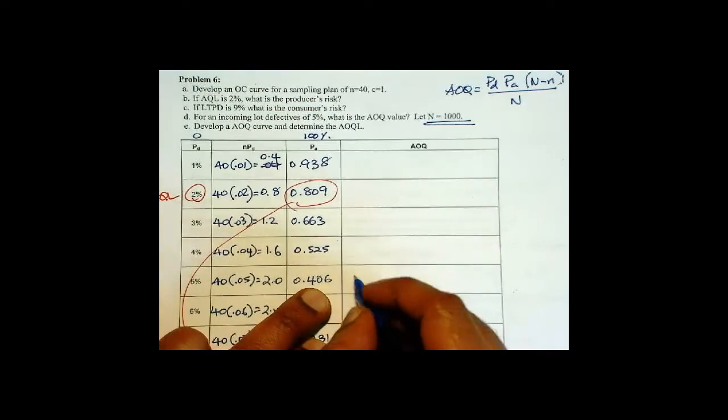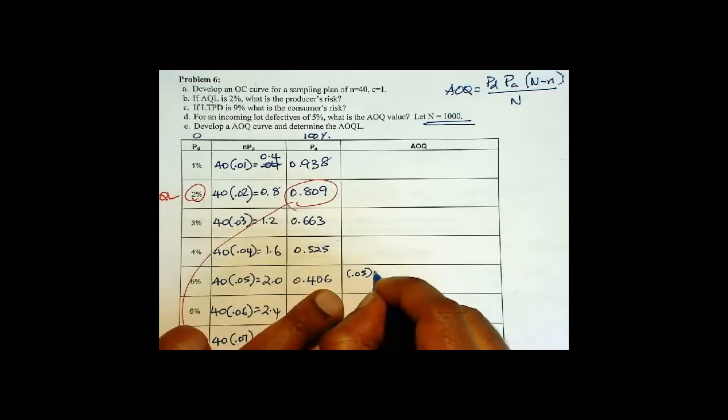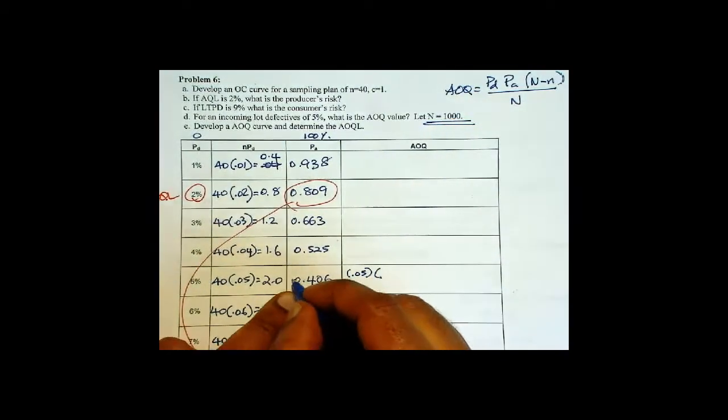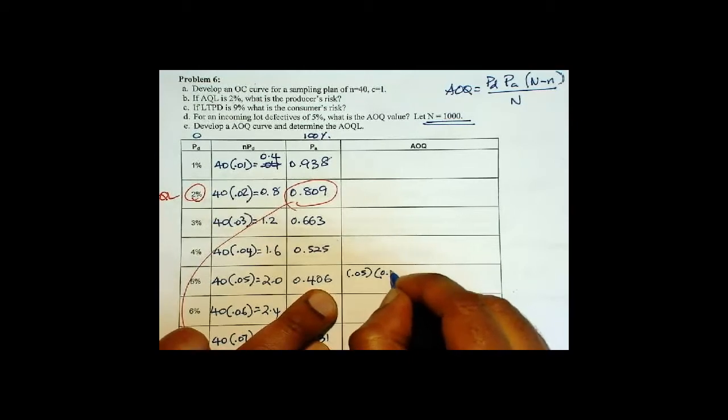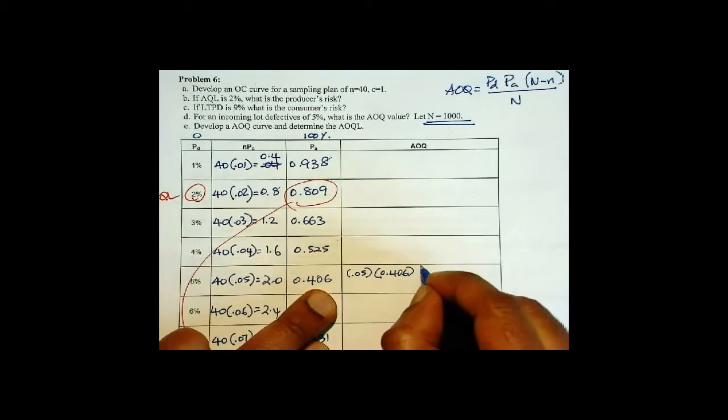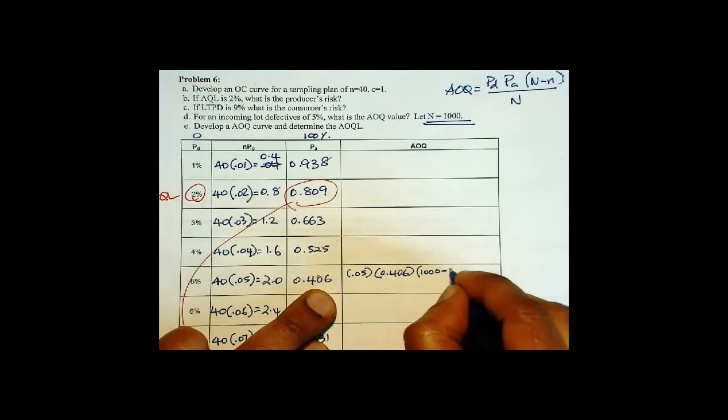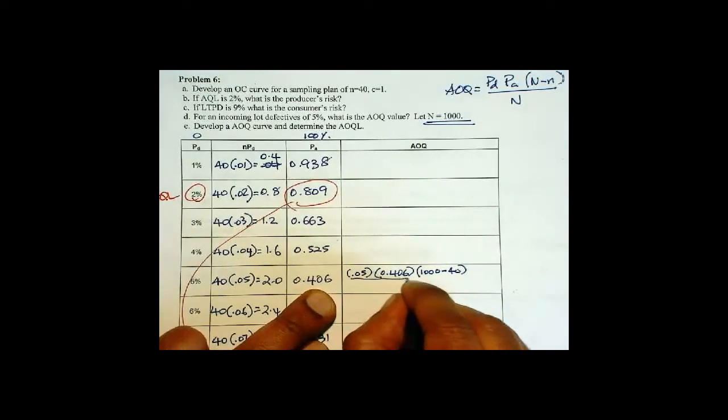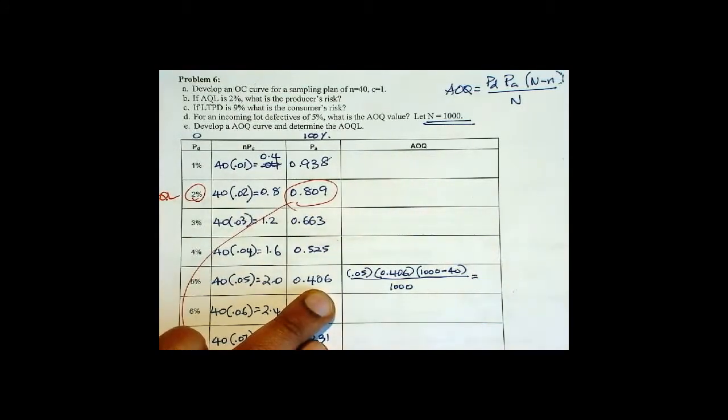So that will be 0.05 for P sub D, and P sub A is 0.406, times (1000 minus 40), divided by 1000, and that number is 0.01949, or 1.949%.